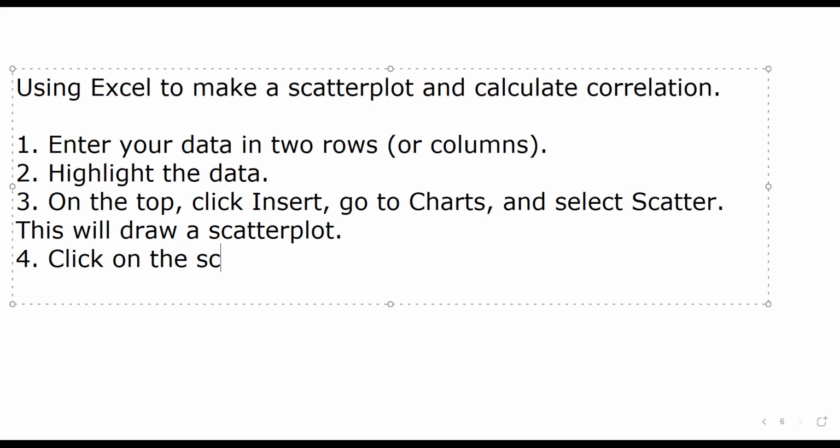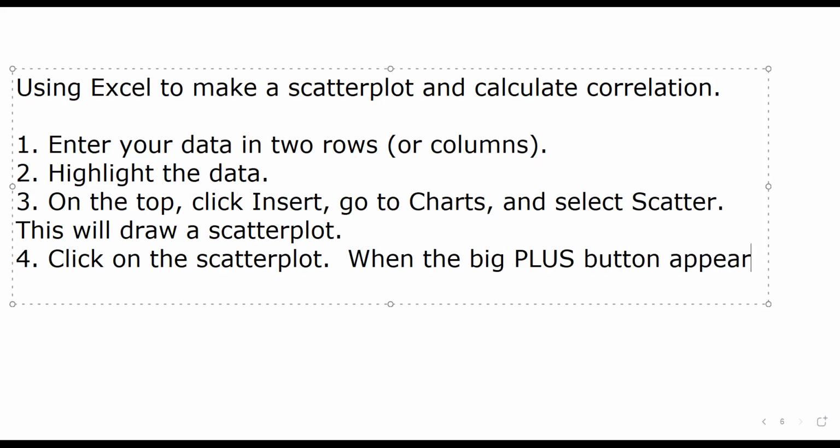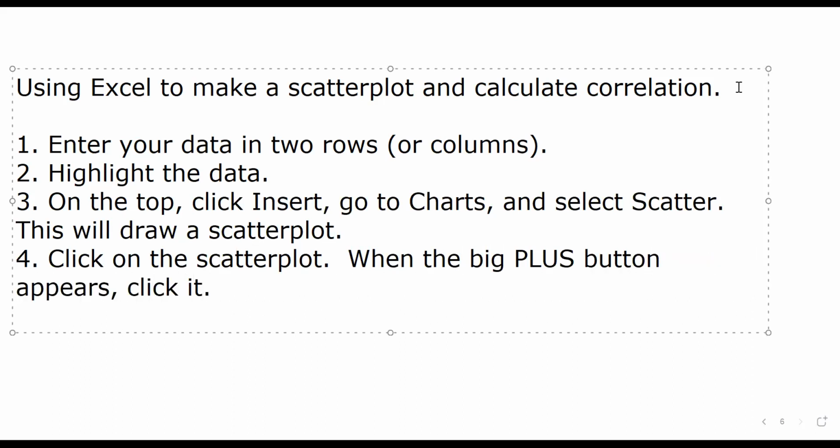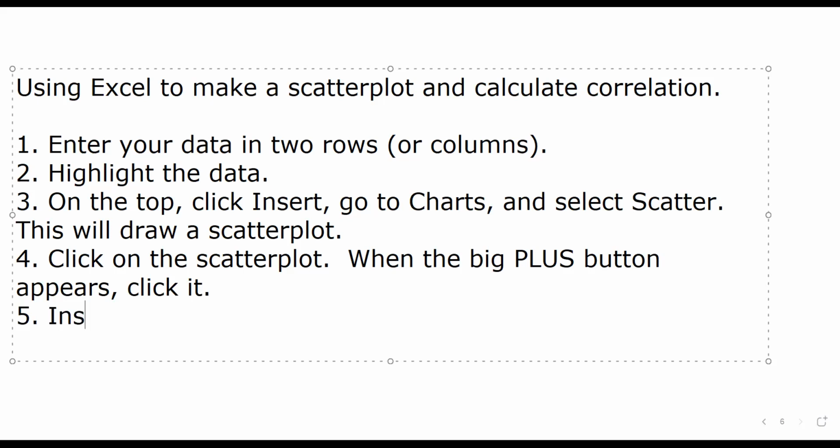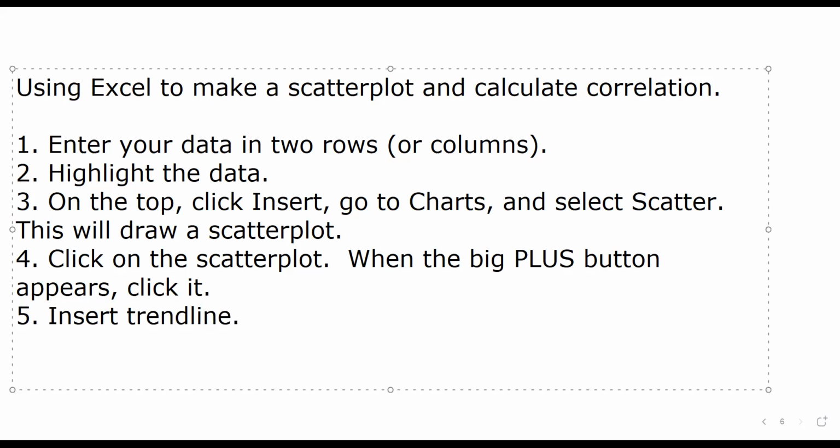Click on the scatter plot. When the big plus button appears, click it. Insert trend line, this is still part of step 5.